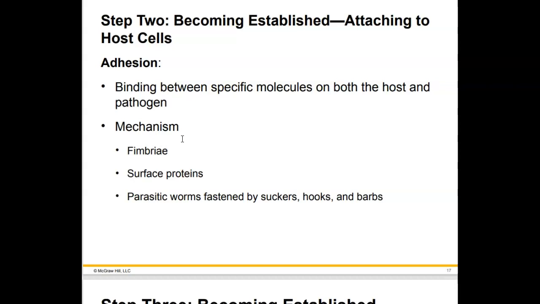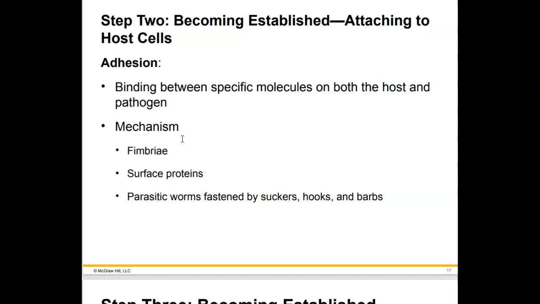Surface proteins can allow them to bind to receptor protein molecules on host cells. Or if we're talking about something larger, we've got parasitic worms. They've got hooks, barbs, and suckers, which they can use to attach to the host.